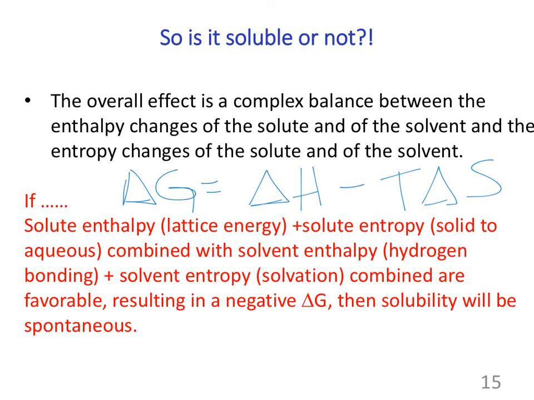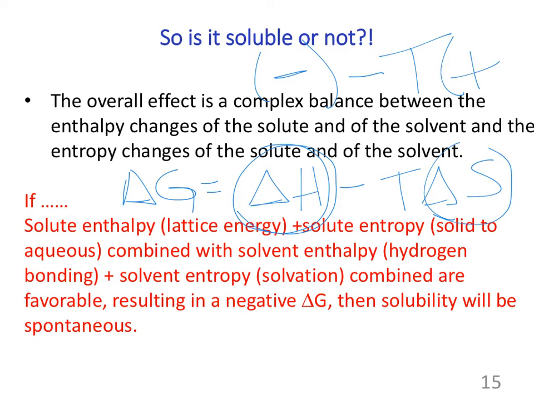More simply put, if the enthalpy change of the solute and solvent are favorable, so if together they're exothermic, and the entropy change of the solute and solvent, both of them, are also favorable, which would be a positive, you've got a process that will be spontaneous. Delta G is negative.